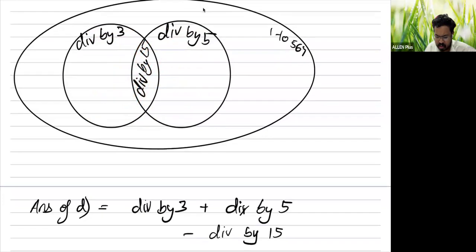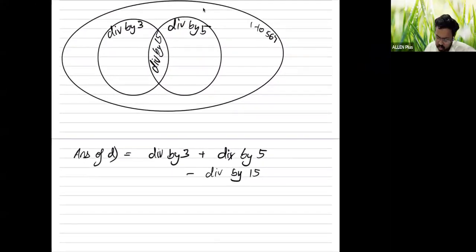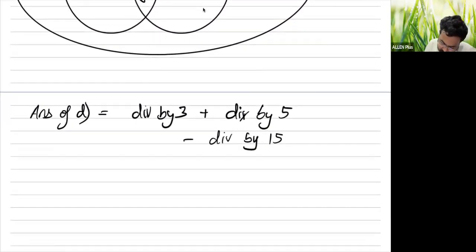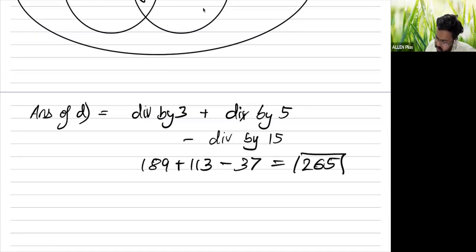Is everyone clear with this? So what you get in the end over here is 189 plus 113 minus 37. This gives you 265, and that will be your answer.